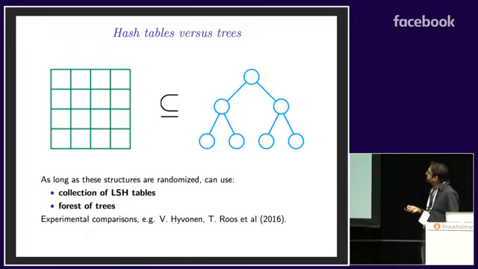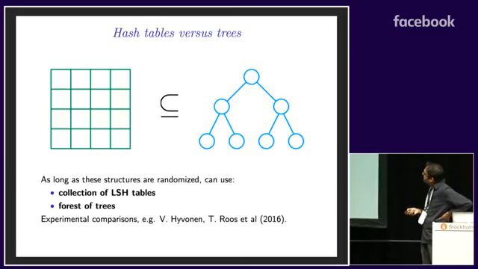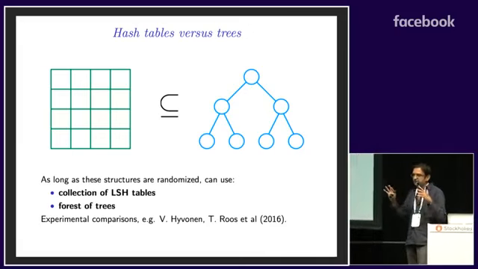If you had to compare two different families of methods, one reasonable thing to look at would be LSH tables. So LSH is something where you build a table and then you do it 10 times. So you have 10 tables.